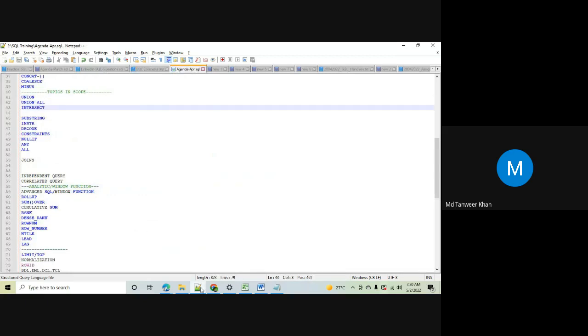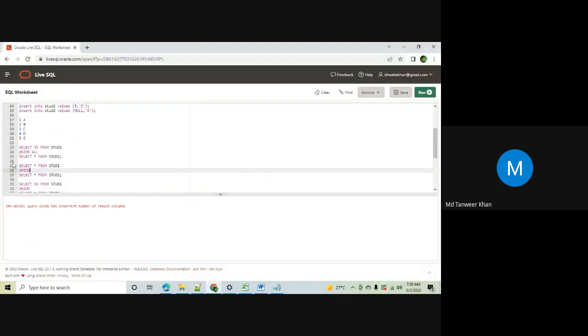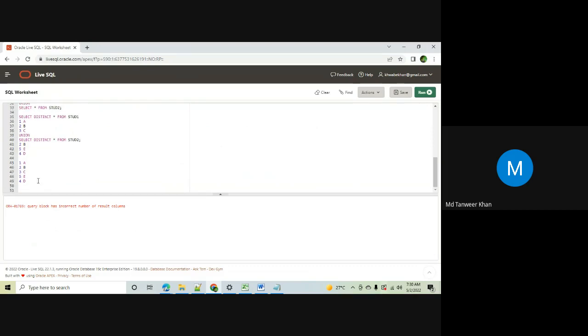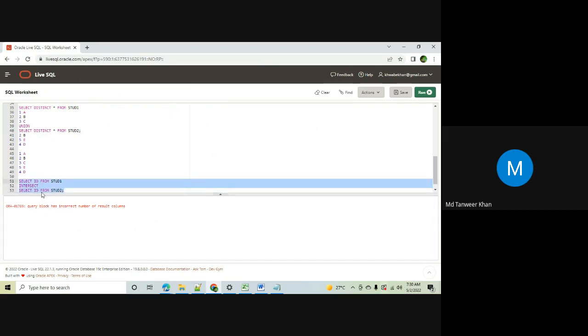Then we have the concept of intersect. What is intersect? Why only 2 and null is coming?